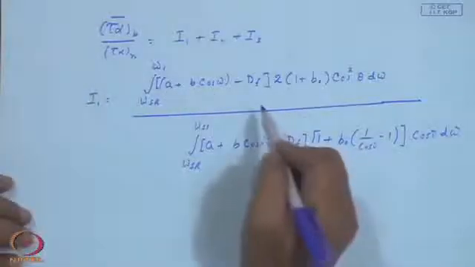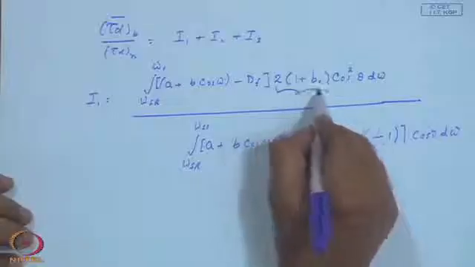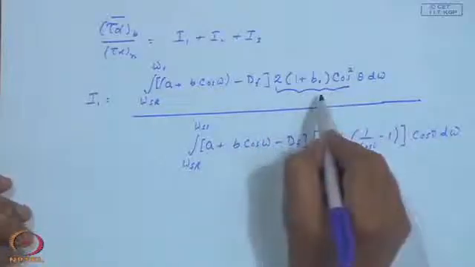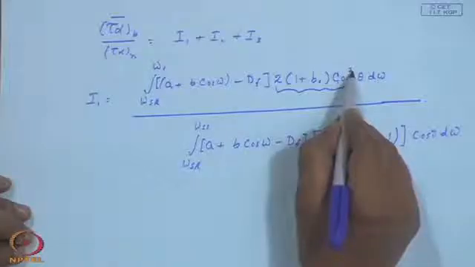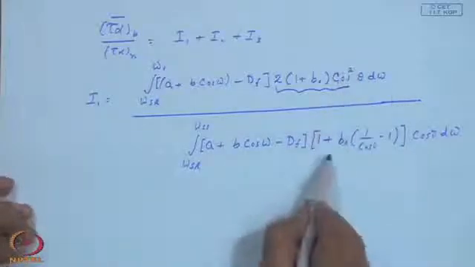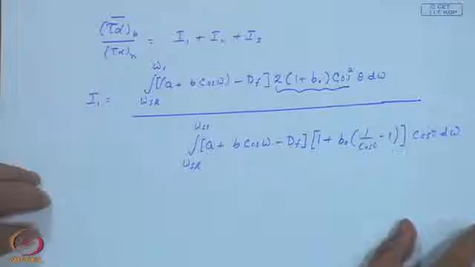So, you have a pi by 24 gets cancelled, and you have a simpler expression like a plus b cos omega minus d f into the appropriate law for tau alpha b by tau alpha n. One of the cos thetas is in this cos squared theta, and you have got the simple tilted radiation in the denominator.